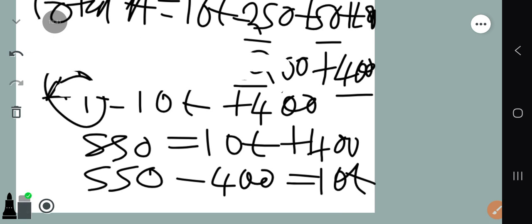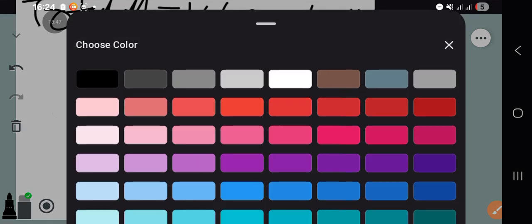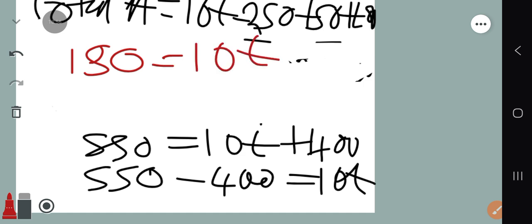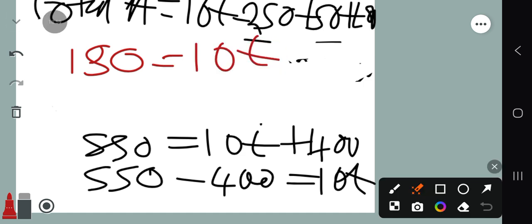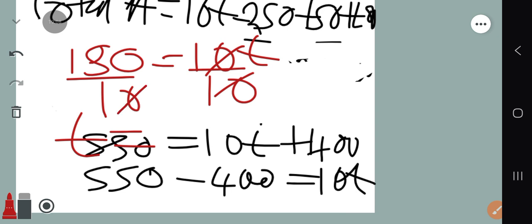So we're going to have 350 equals to 10t. Now I want to remain with t, so I'm going to divide by 10 over 10, right? And t equals to what? 35. Now time is measured in what? Seconds. So I'm going to say 35 seconds.